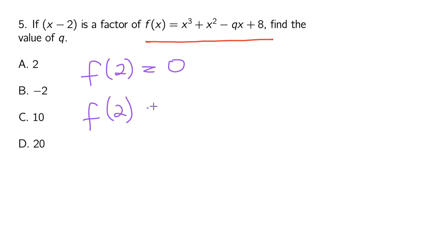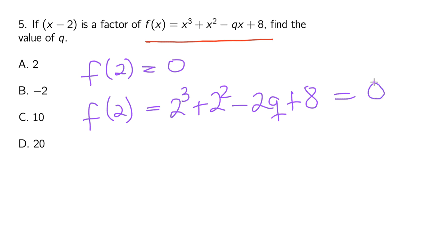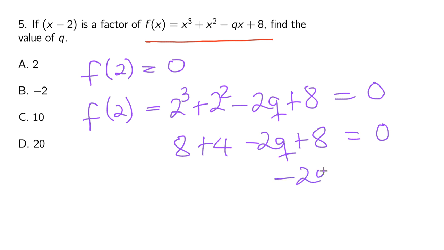F of 2 equals 2 cubed plus 2 squared minus 2 times q plus 8. Now we've been told that this is equal to 0. That means that 8 plus 4 minus 2q plus 8 equals 0. We have 8 plus 4 plus 8 is 20. So we have minus 2q equals minus 20. And q must be equal to 10.